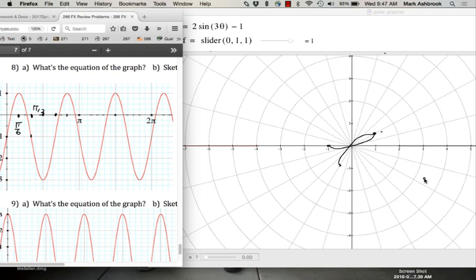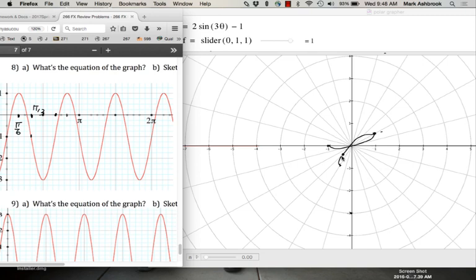So now we're at pi over 3 and -1 right here. We're at this point right here. And then from pi over 3 to pi over 2, it's going to go from -1 to -3. So here we are at pi over 3, and we're going to go to pi over 2. And when we reach pi over 2, we're going to be at -3.